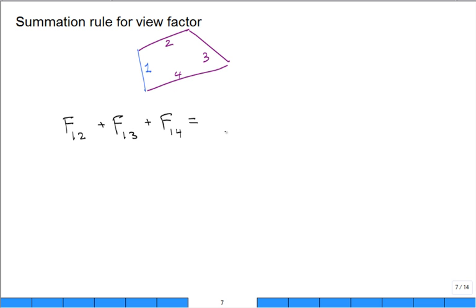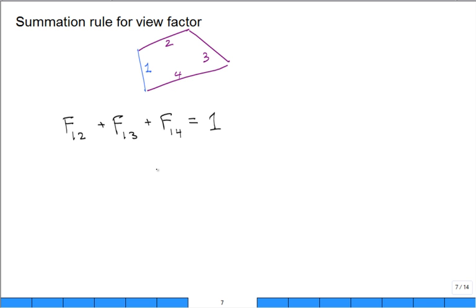What does that sum up to? The fraction that leave 1 and hit either 2, 3, or 4. It sums up to 100%. And so that's a summation rule. It's like the sum of all of them that leave have to go somewhere.